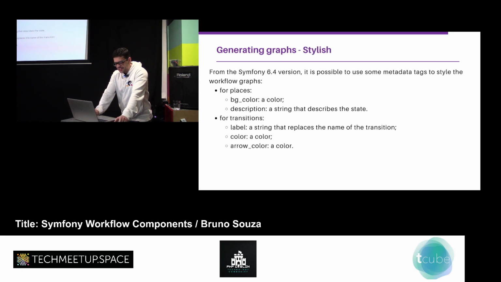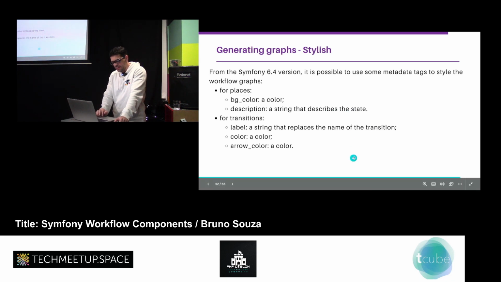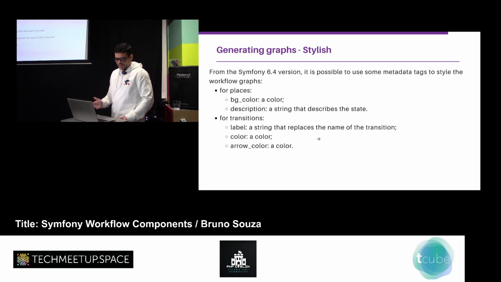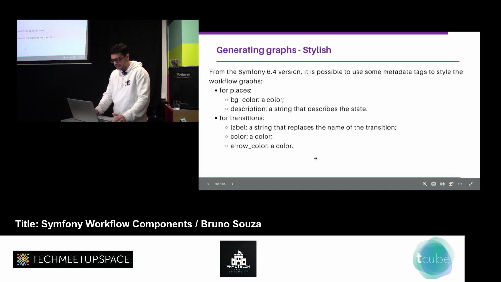For places, we have a new property called bg_color, or background color, and here we have a color. Description is a new attribute, a string that describes the state. And for transitions, you have label, which is a string to replace the name of the transition, the color, and the arrow color as well. You can define that.